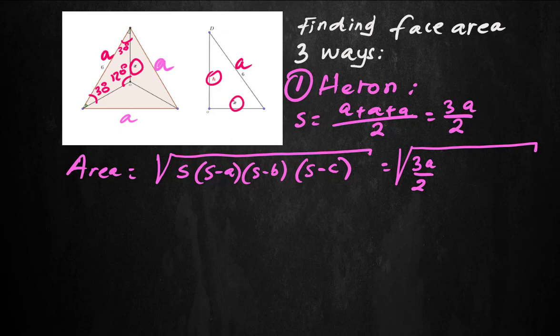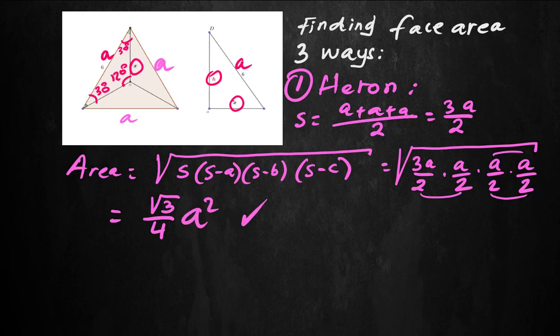So we will have 3A over 2 times A over 2 times A over 2 times A over 2. Very good. So if you look at the denominator, we have 4 twice, and a squared twice, so these are going to go out. So square root of 3 over 4 times a squared. This is the formula.